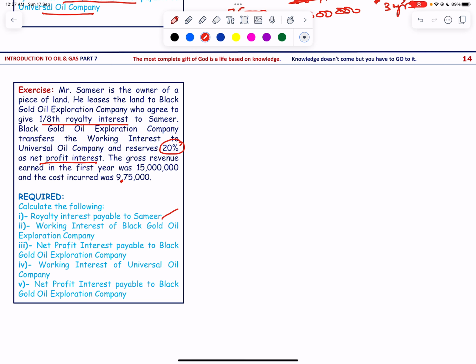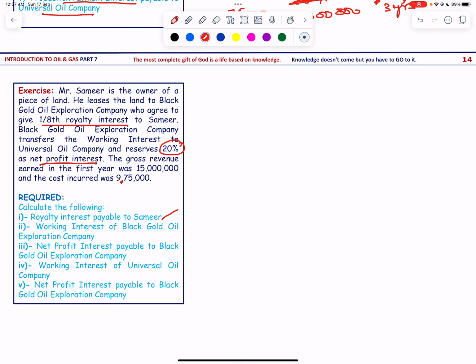So royalty interest, so now part 1. So the gross revenue is 15 million, and from this he will be getting 1/8. So this will be equal to 1,875,000 as royalty interest. Then we have to calculate the working interest of Black Gold Oil Exploration Company.